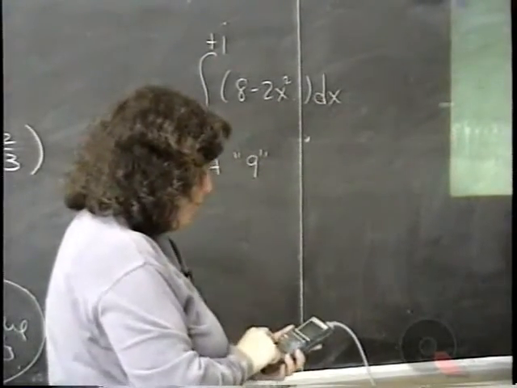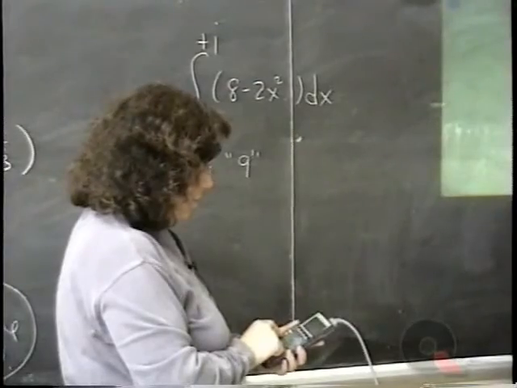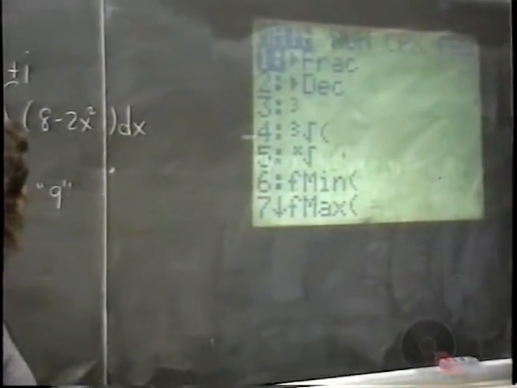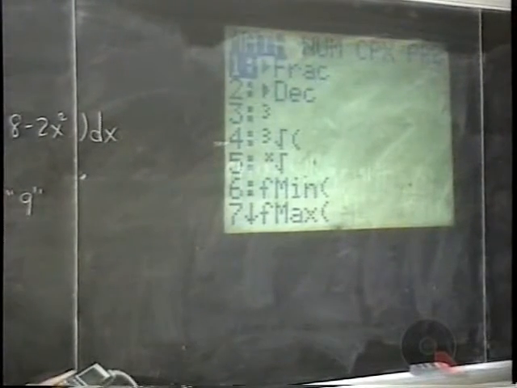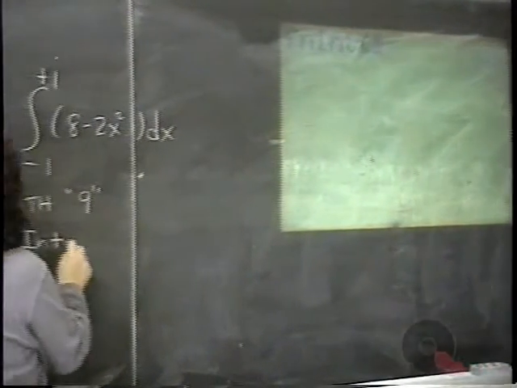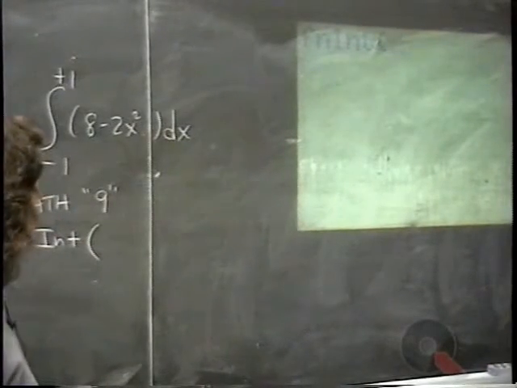So I hit math, that's the third button on the left. Then I can either scroll down or just punch in 9. And that gives me, when I hit math and then 9, function to be integrated, left parentheses.